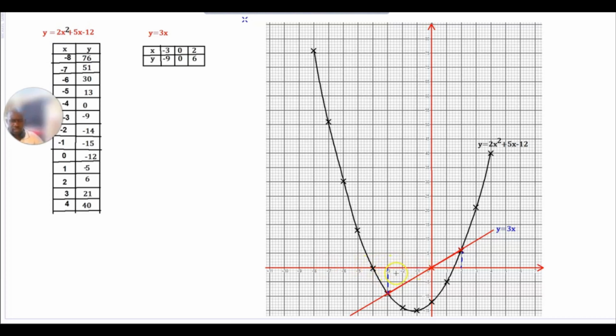So those are the points that we actually need. So finally we have to say that x is equal to minus 3 or 2. That's the value of x that we have from what we have been given.